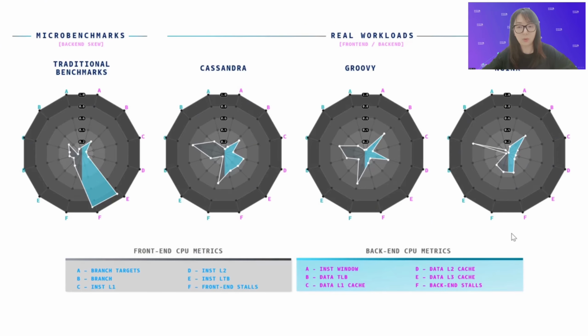And Groovy demonstrates moderate sensitivity across both front-end and back-end, reflecting the dynamic nature of the language. Nginx shows lower sensitivity overall, but with a notable spike on instruction L1 cache. This makes sense because web servers rely heavily on efficient instructions. So the key insight here is different workload, different bottleneck. So how can we solve those problems?